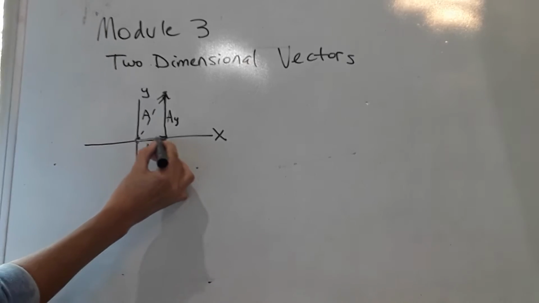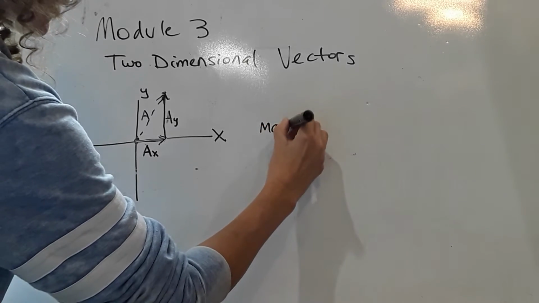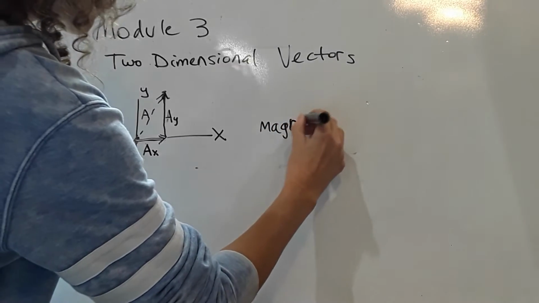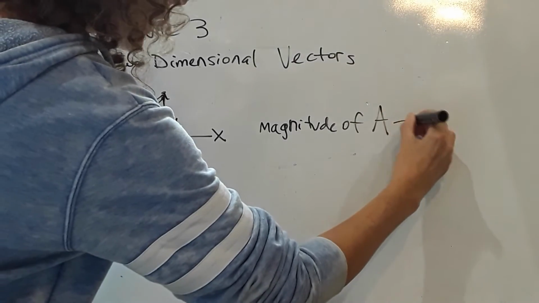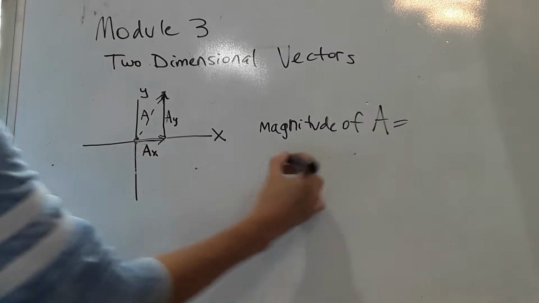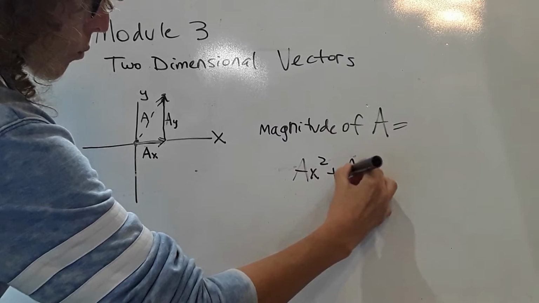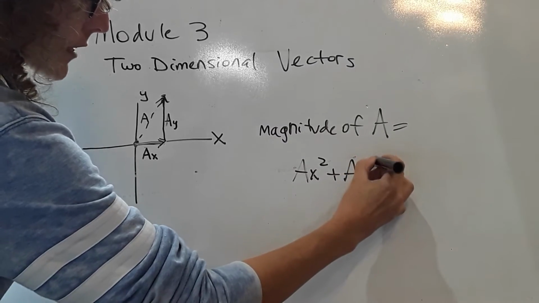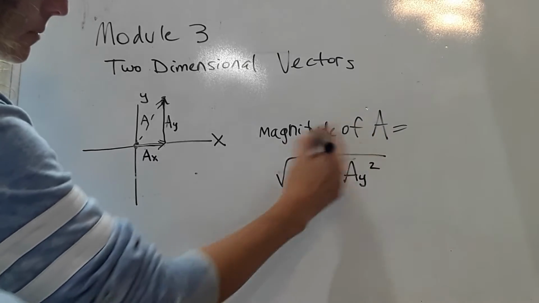So you have the x component and the y component, and the magnitude of vector A equals the x component squared plus the y component of vector A squared, and you take the square root of that. And that's going to be the magnitude of A.